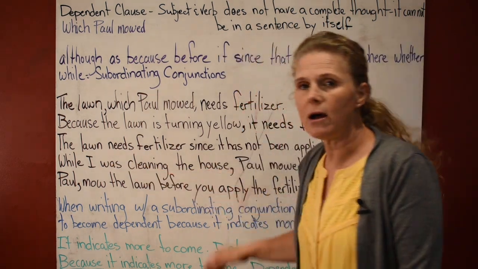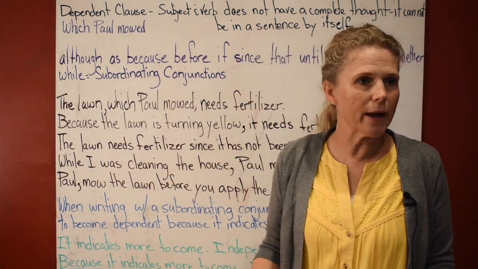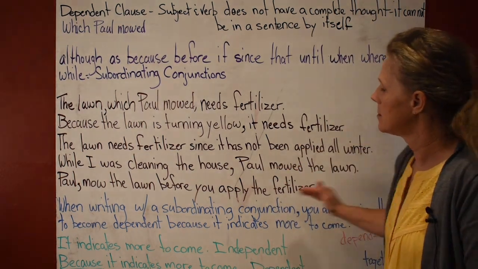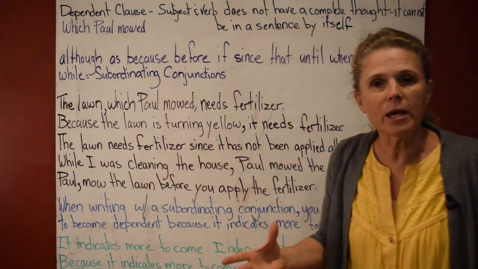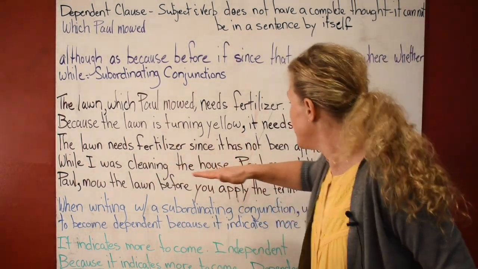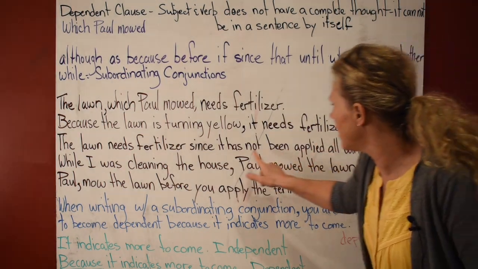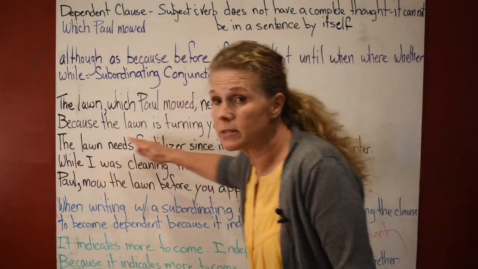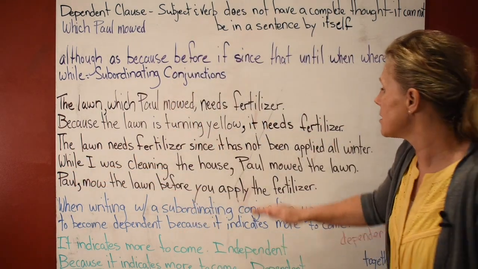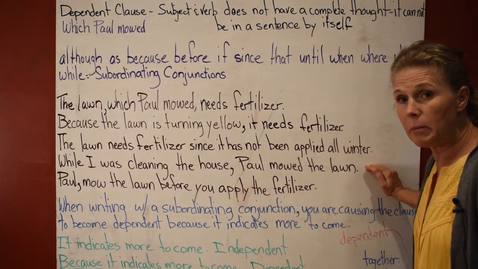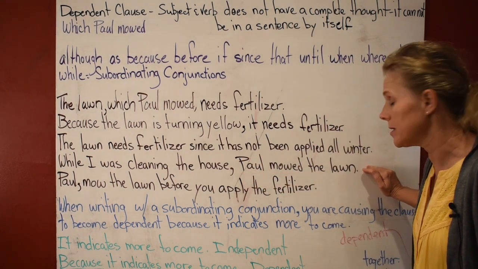"While I was cleaning the house," well, while I was cleaning the house, what? It needs the independent clause. So basically, you guys, this dependent clause has to live with the independent clause. This dependent clause is not old enough to live on its own. It has to live with the independent sentence.